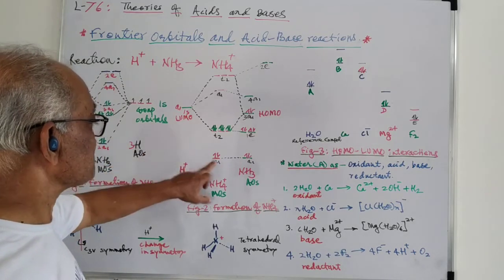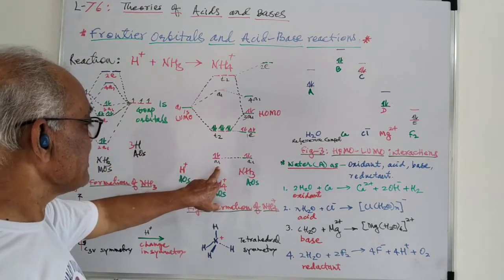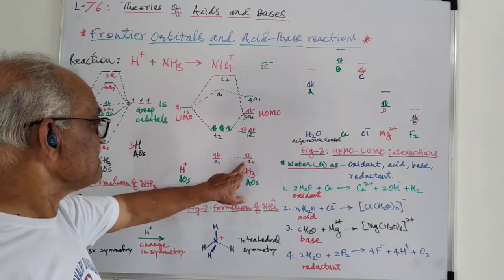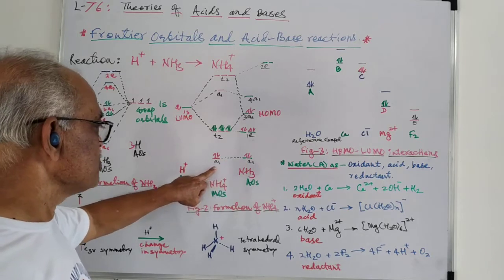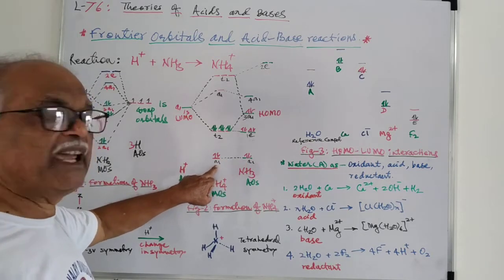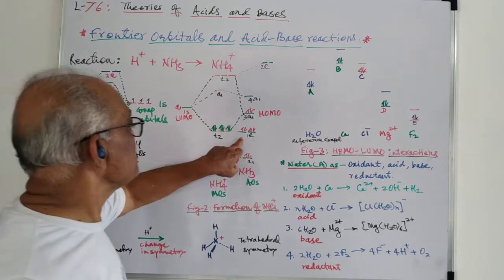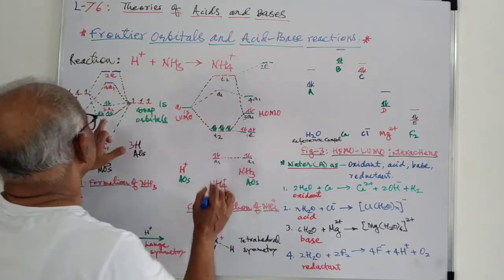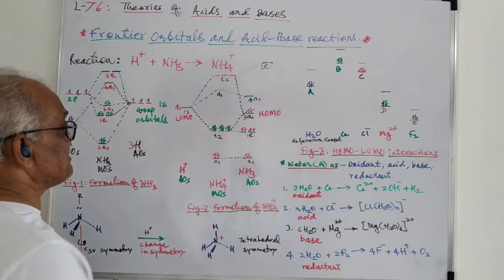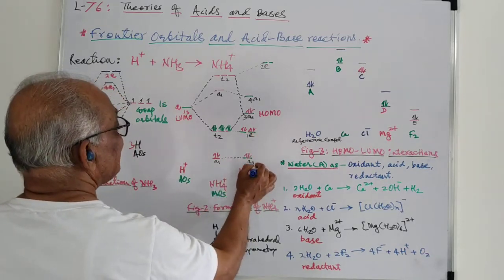So they will produce this bonding molecular orbital, which is directly transferred from this MO system to this MO system, and it has A1 symmetry. Now here you will find these are two A1 symmetry orbitals which are contributed by NH3.